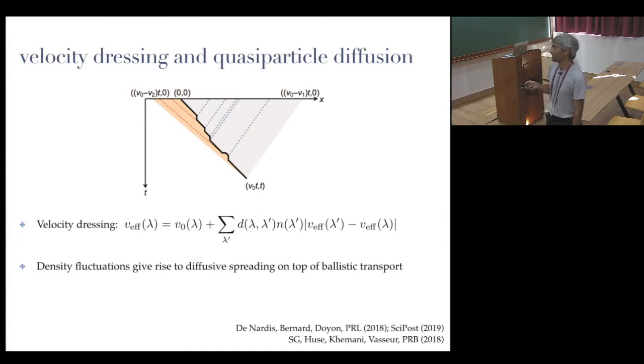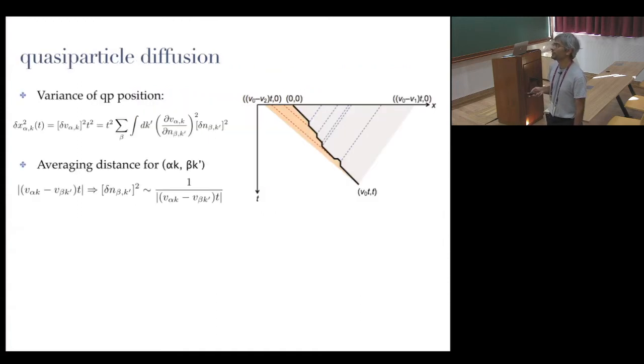Okay, so once you have this picture, you can convert it into equations. The basic point is that your quasiparticle, which has some basic group velocity v, picks up position shifts that are proportional to the number of things it encounters.